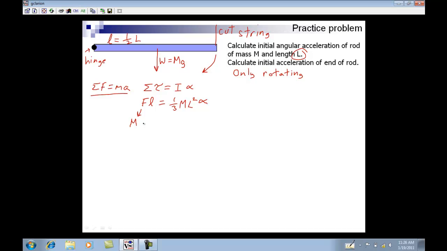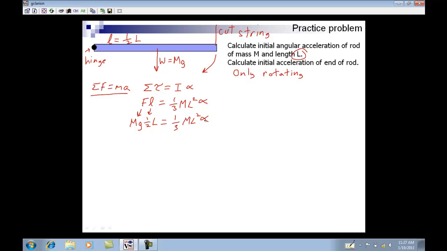And my lever arm is how much? 1/2 L. So that becomes that part, and we got that equaling 1/3 mL squared alpha. So what happens in our equation here?